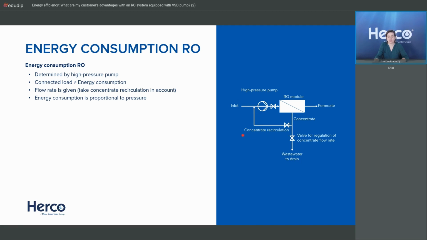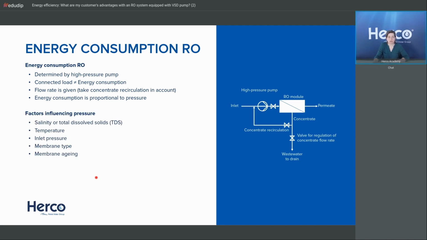The recirculation is also fixed for process units, so it depends on the overflow rate you need for the module. So basically, you cannot really play around with the flow rate. The energy consumption is really proportional to the pressure. You can play around with the pressure, or rather the pressure will vary depending on operating conditions, to be precise.